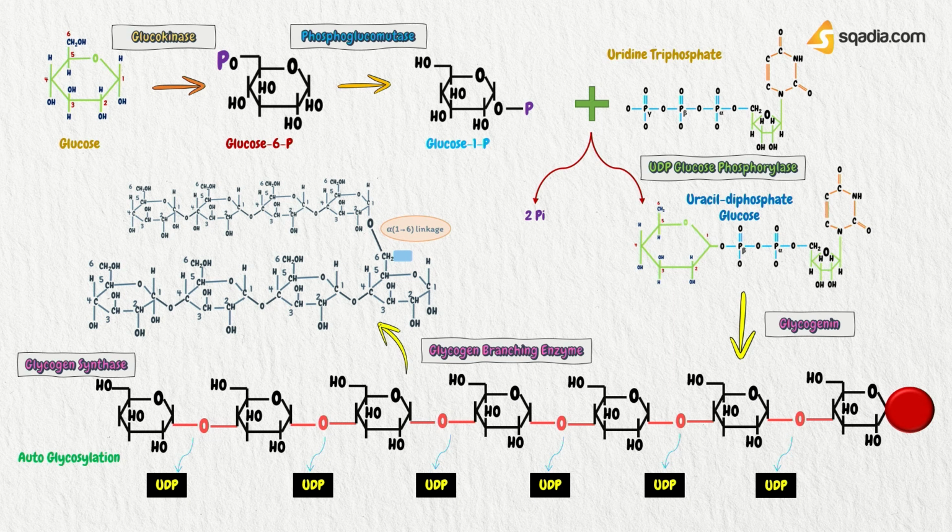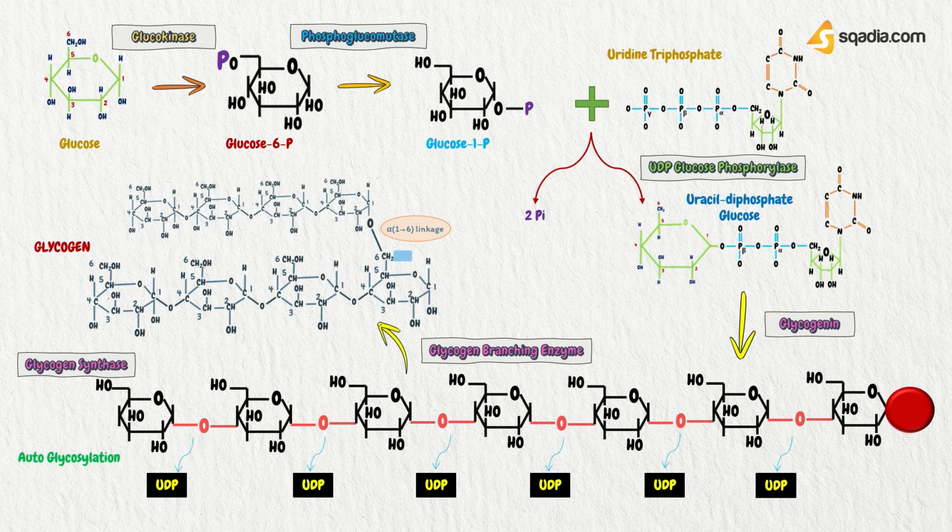Now all these 3 enzymes, the last 3 enzymes that we discussed, glycogenin, glycogen branching enzyme and glycogen synthase, will work in synergy, and there will be formation of more chains of glucose. This will ultimately lead to the formation of glycogen.